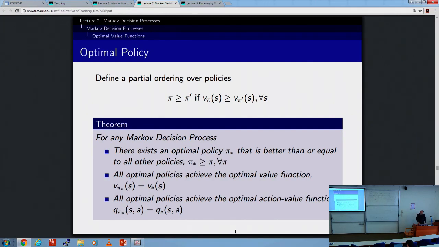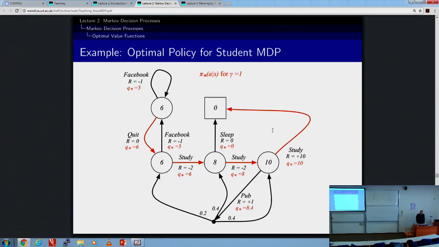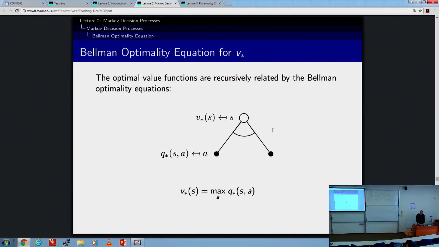So there is only a single optimal state value function and a single optimal action value function. And this is basically what I said before. If you don't know the ideal policy, but somebody gives you Q star, the ideal policy is basically to act in order to maximize Q star. Okay, so that's the optimal policy.